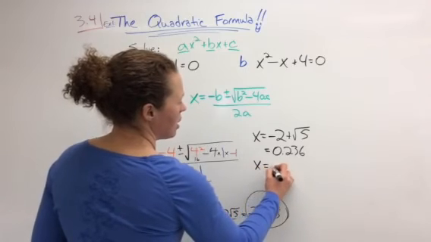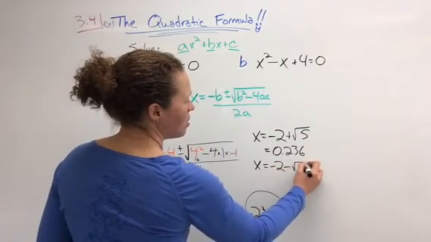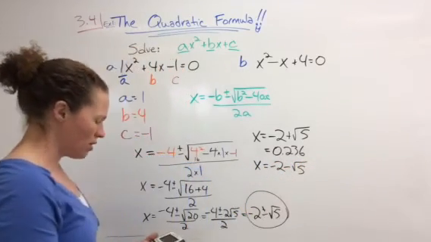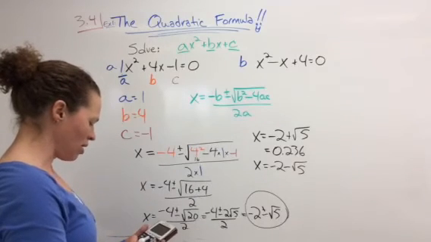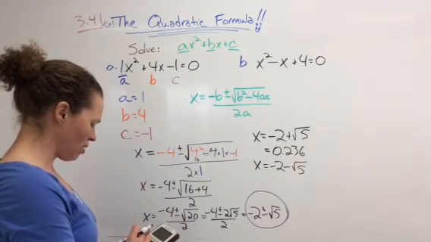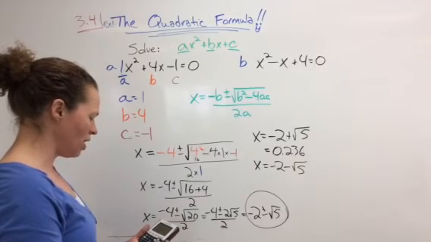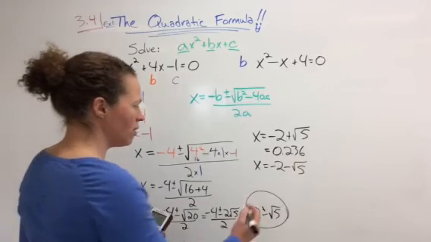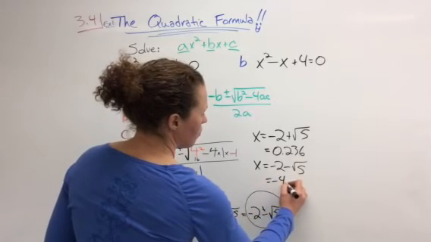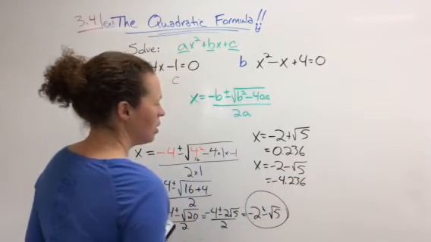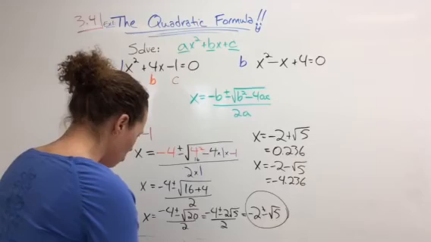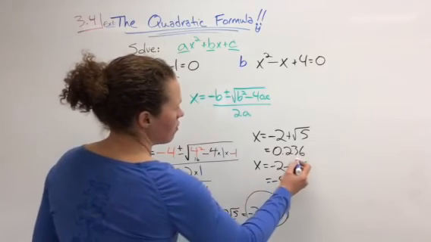The next one is x equals negative 2 minus root 5, which is obviously going to give us a negative value because we're subtracting from a negative. So we write negative 2 minus root 5, and it gives us negative 4.236. So I've got two possible values for x.